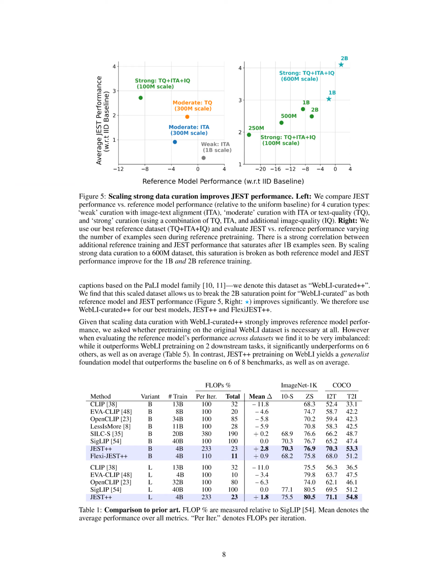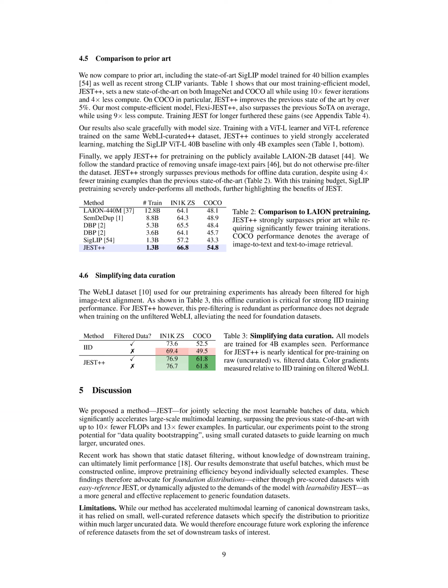The approach also simplifies data curation by showing that pre-filtering is redundant for JEST, eliminating the need for foundation datasets. Overall, JEST offers a more effective and general replacement for generic foundation datasets, demonstrating the potential for dynamic and online data selection to improve pre-training efficiency and performance in multimodal learning tasks.